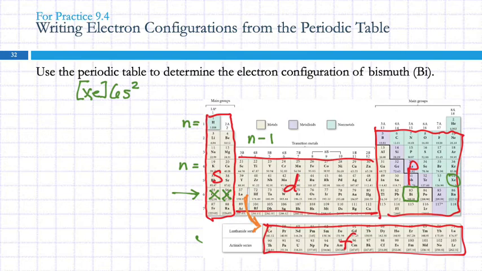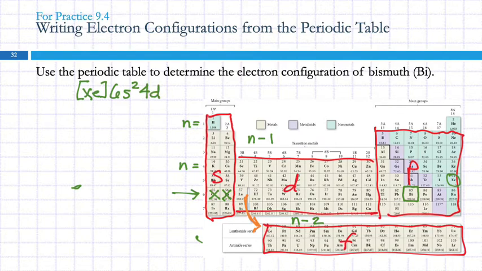So for F, we have n minus 2. Because this sank even one lower. So coming in here, this is going to be 6s, and we've got 1, 5d, and then it jumps over to these guys. So we're just going to ignore that guy for a minute, and we're going to come over to the F block. This is n minus 2. Well, n is 6. 6 minus 2 is 4. So this is 4f.